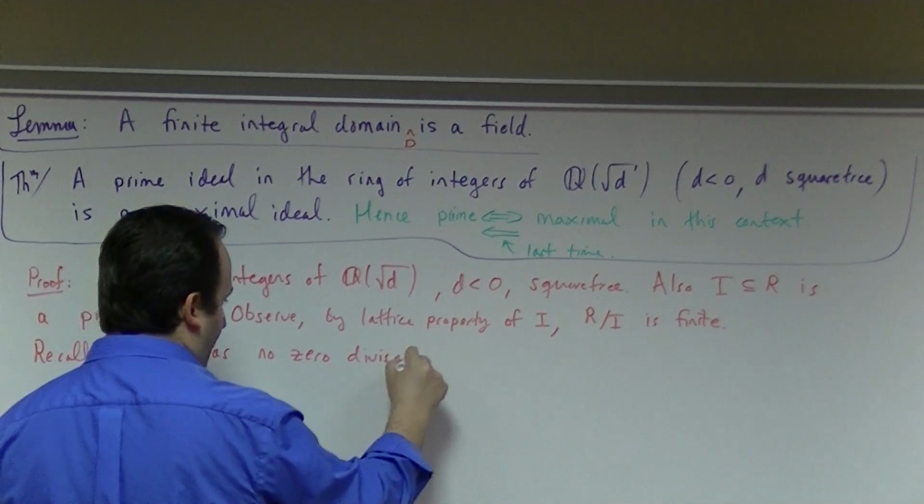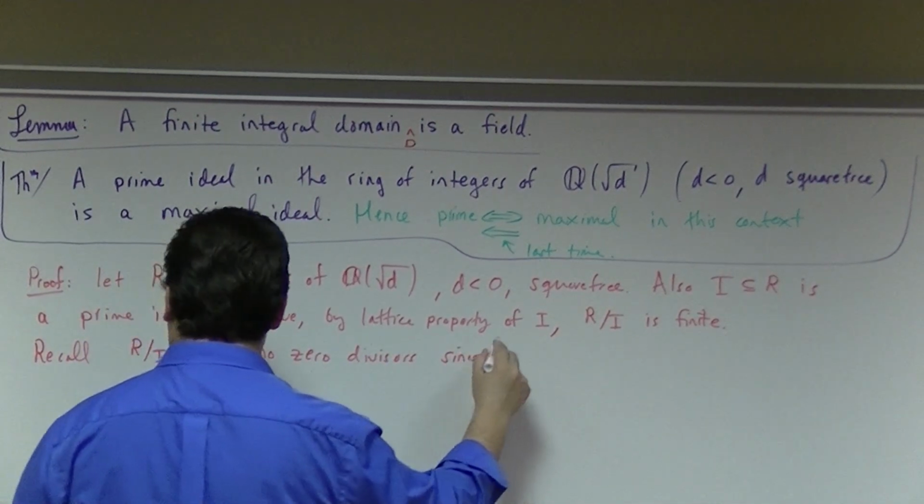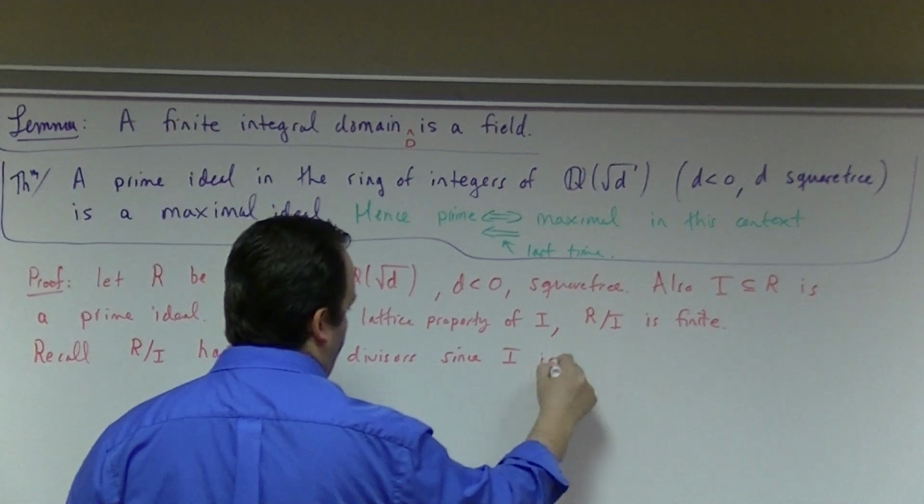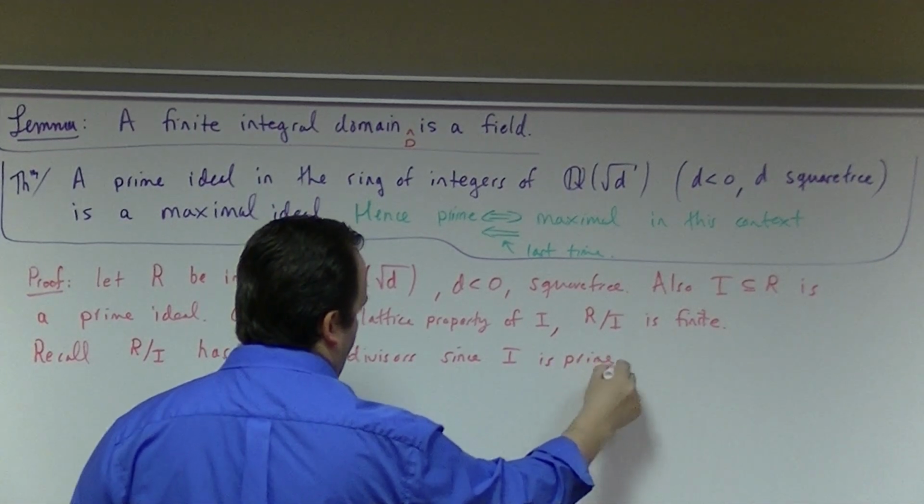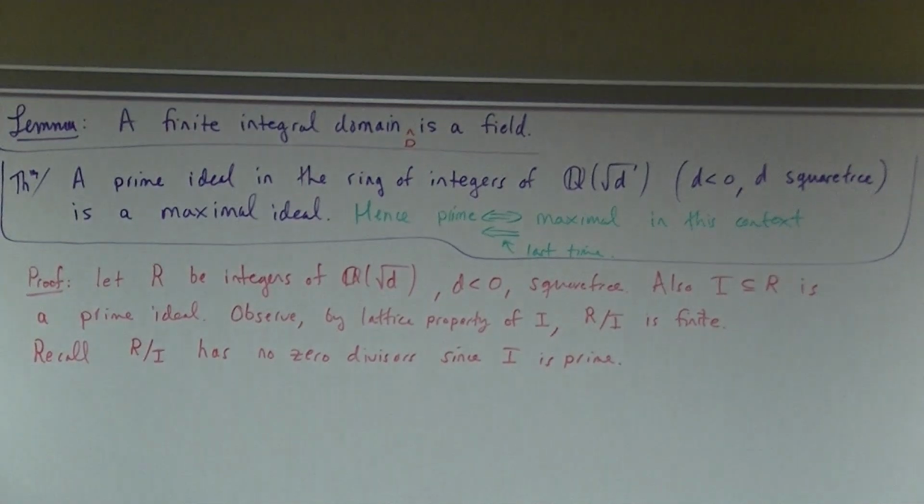Why? Since I is prime. Remember that theorem? A prime ideal has no zero divisors. It was like 40 minutes ago. Right there.